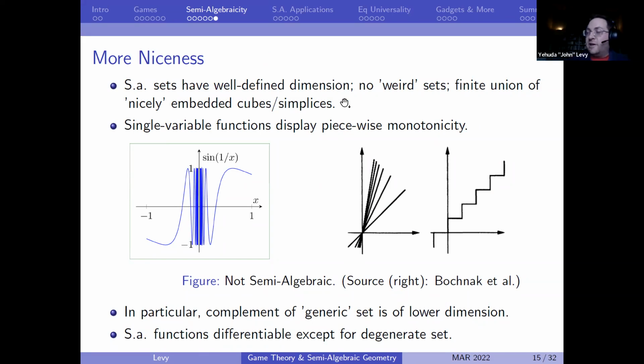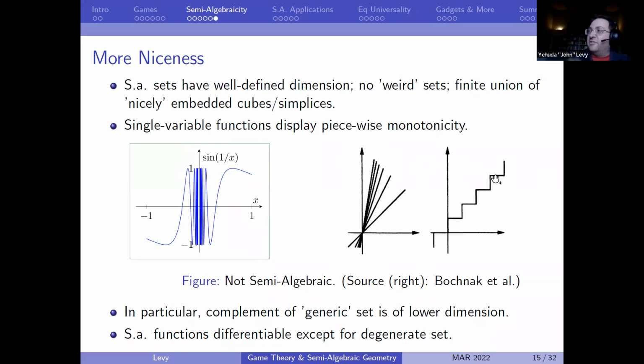It rules out weird sets such as the sine 1 over x curve, or infinitely many lines, say all the lines of slope 1, slope 2, slope 3 and so on.